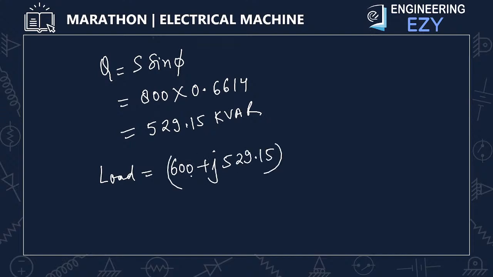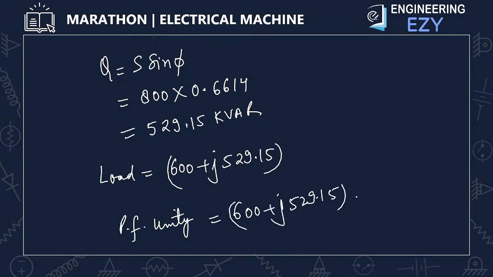To make the power factor of the alternator unity, this much reactive power is supplied by the condenser. This is the load power, 600 plus j 529.15, minus j 529.15. That much reactive power is supplied by the synchronous motor working as a synchronous condenser.